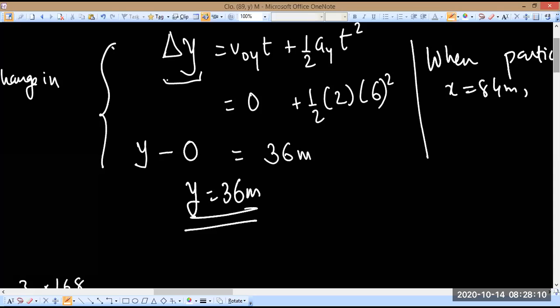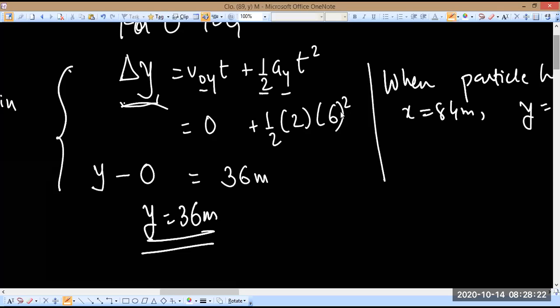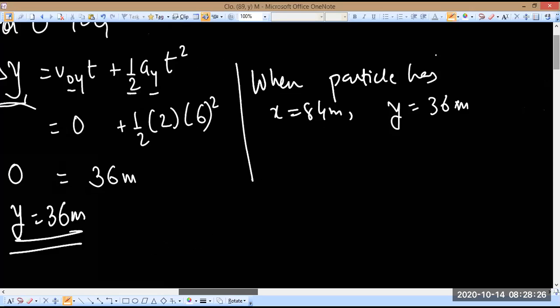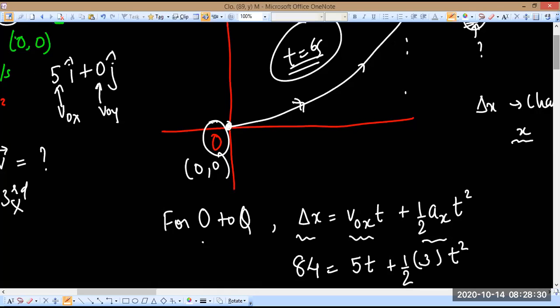Have a look at all this. We are writing all of these in component form. Okay, so here you should not really specify j caret. Okay, it is understood that this will be j caret only, right? Yeah, he is also saying yes, right? Okay, so that's how you solve this question.